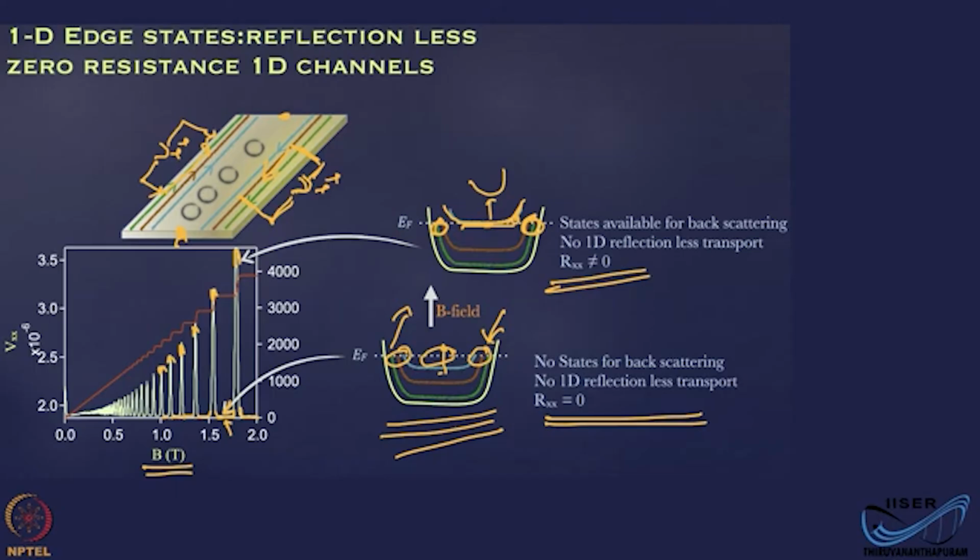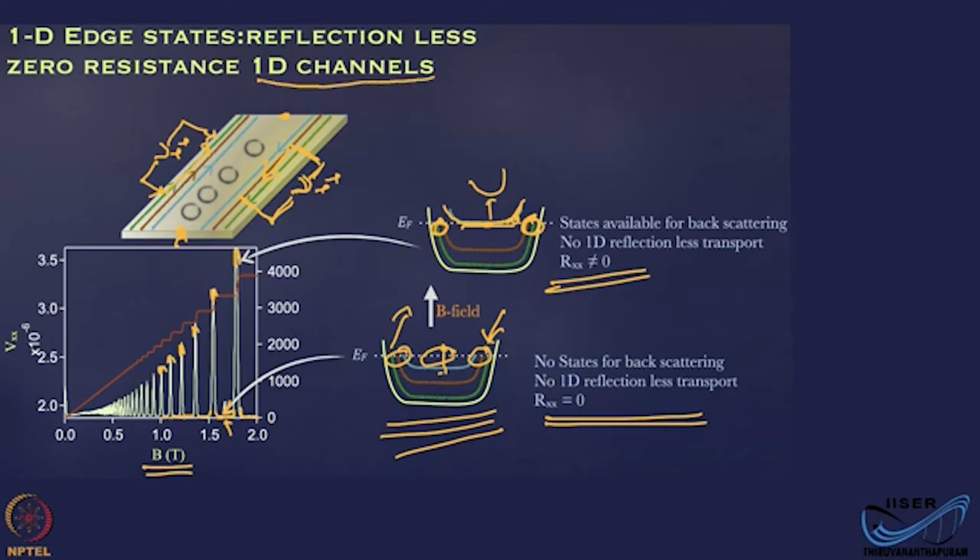And that is also a sign of a perfect two-dimensional system. If you don't have a two-dimensional system, you will still find this oscillation, but the resistance value will not hit zero. The zero comes only from a two-dimensional sample which exhibits one-dimensional transport, because the transport along the edge is one-dimensional. So these edges are one-dimensional channels.